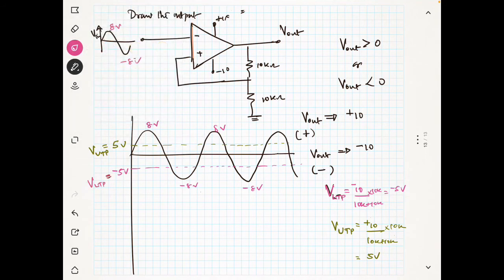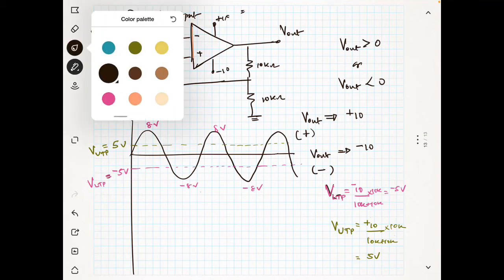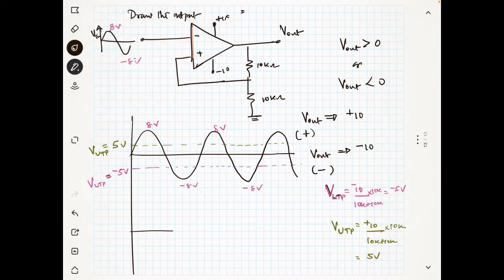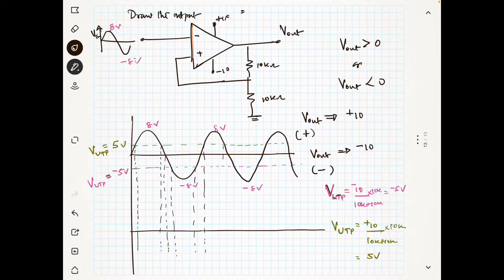Now I am going to draw the output. So before drawing the output, I will just draw a line to make it correct. You see here I have a lot of transition points. I will draw all these transition points for drawing it correctly. We will see at which transition point the changes will occur.